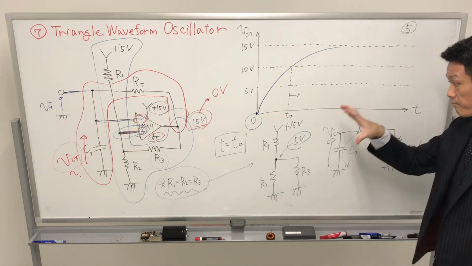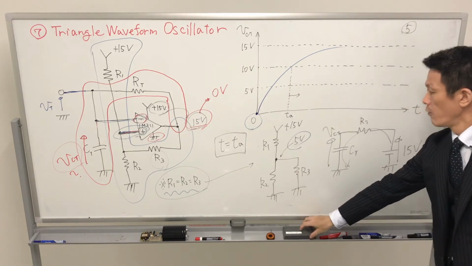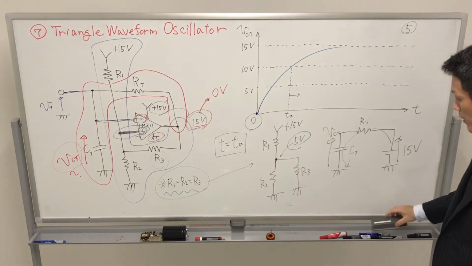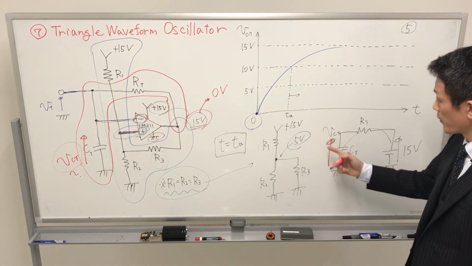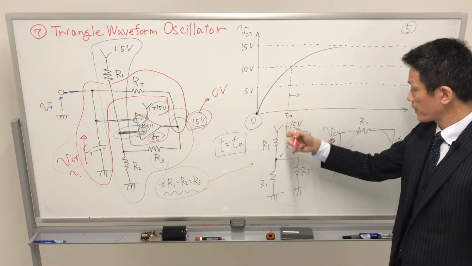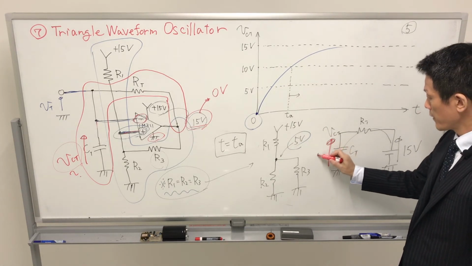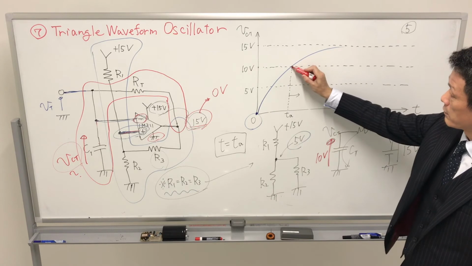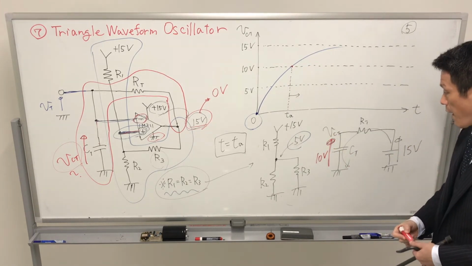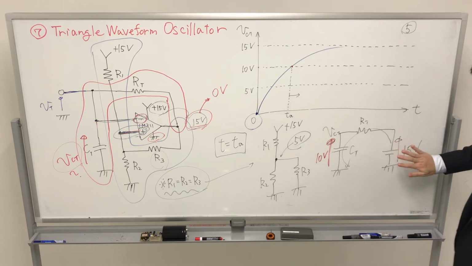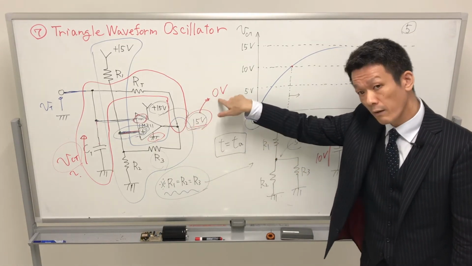In the case of the red line, voltage is charged in the VCT. VCT is the first overall. In this time TA, it is charged to 10 volt, okay? 10 volt. However, the voltage source is removed to zero.